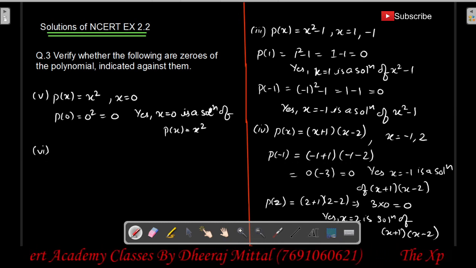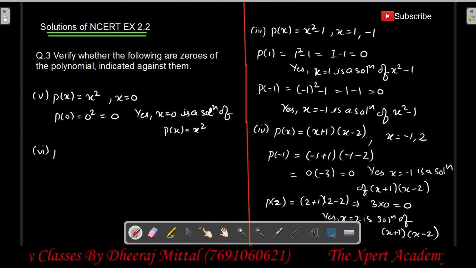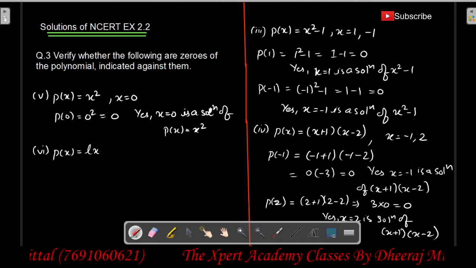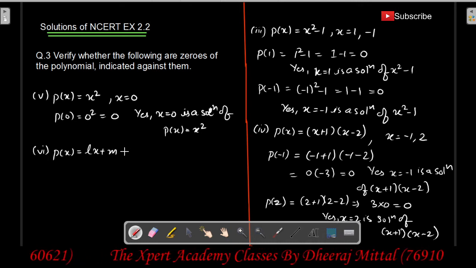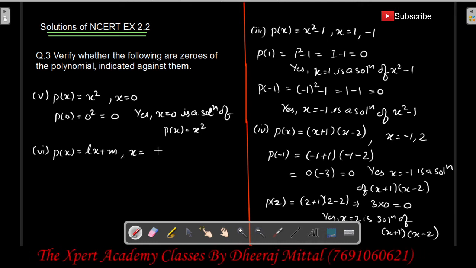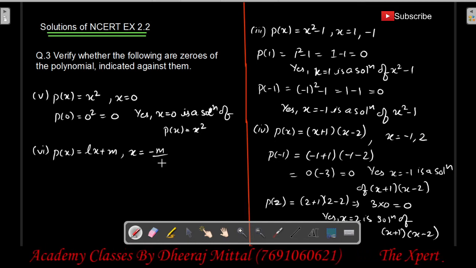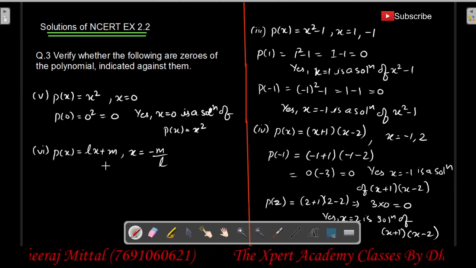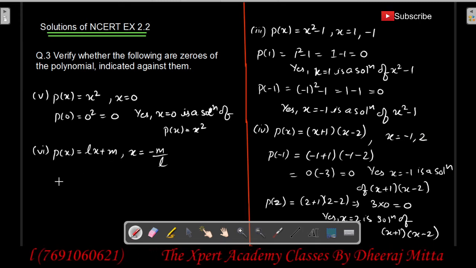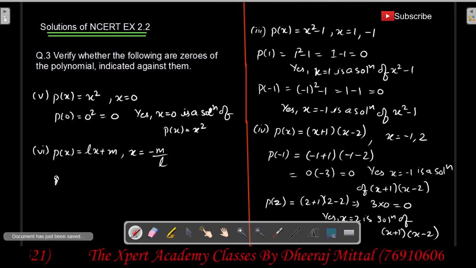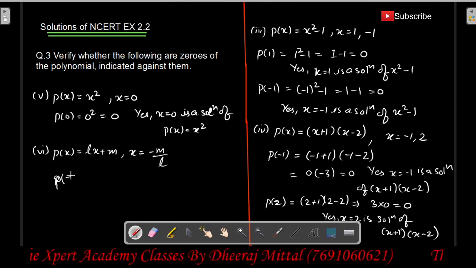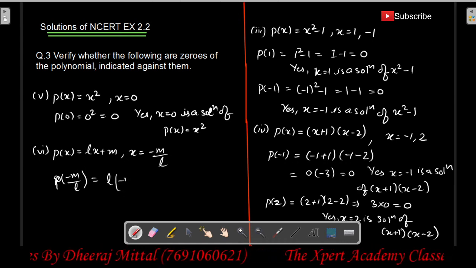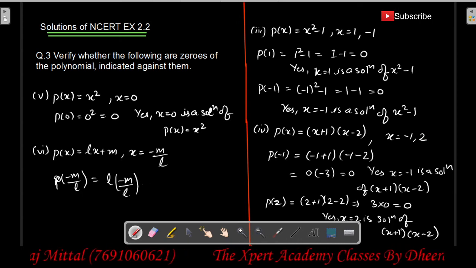Now sixth part, px is equal to lx plus m. So x is equal to, at x equals to minus m divided by l. So what we will put, x is equal to minus m by l, इसको हम x की जगह पुट करेंगे. तो क्या आ जाएगा? p of minus m by l is equal to l into minus m divided by l plus m.